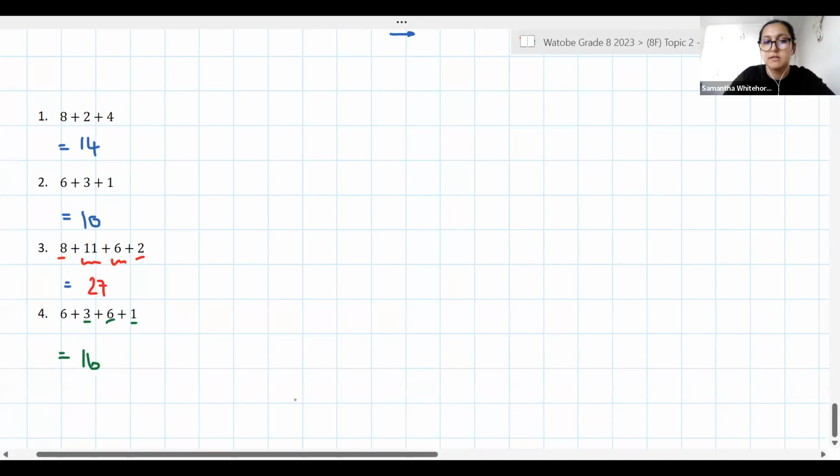So I get 16. So the last 2 specifically were examples of how you don't have to add in the order I've given it to you. You can, no one's stopping you, but you don't have to. But you need to start looking for ways to make these additions easier for yourself.